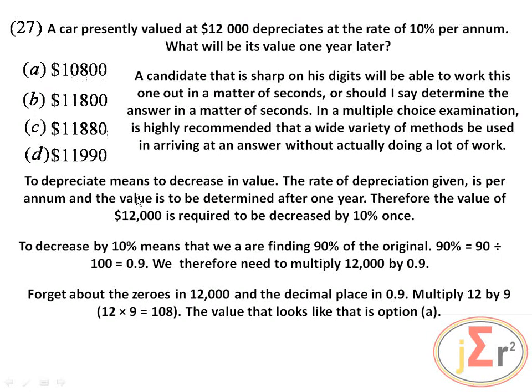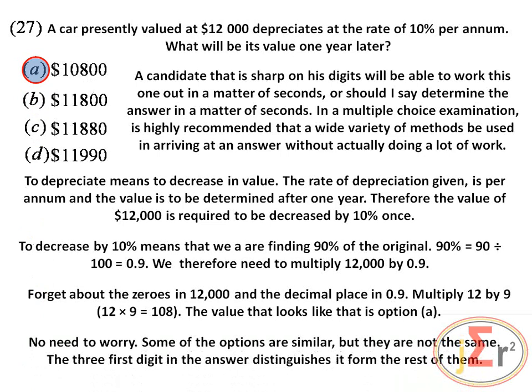Right. So the value that looks like 108 will tell us that we are at our correct answer. And of course, the one that looks like 108 is this one, so we are sure, which is 10,800, and that is our correct answer, represented by option A. No need to worry.